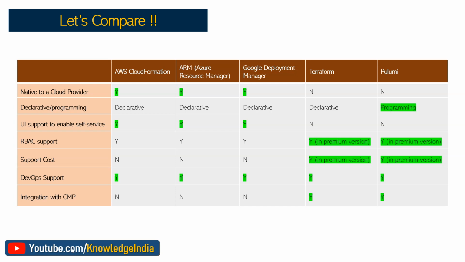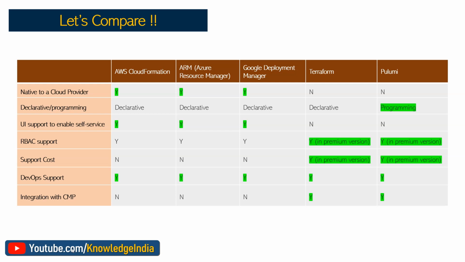So the point is that for the first four items, it is declarative in nature. So if you have a programmer in house, you have a developer, that developer probably knows Java, PHP, or maybe C# or things like that. If you ask that developer to write code in these things, that guy will have to learn a new language, though it's not very difficult, but he'll have to learn that language.